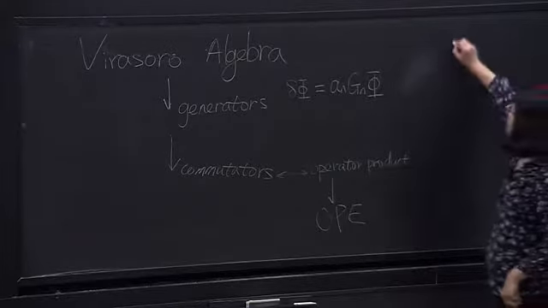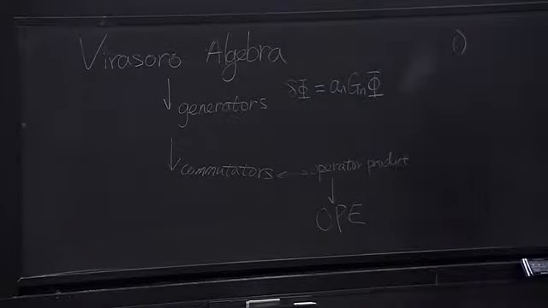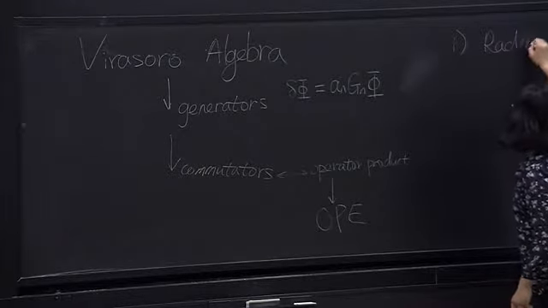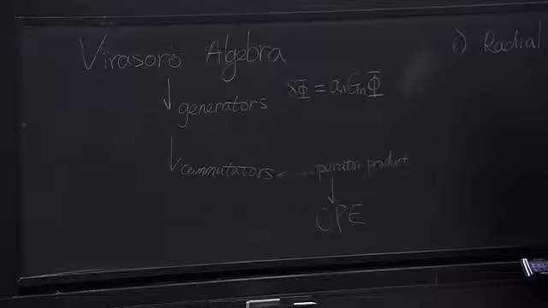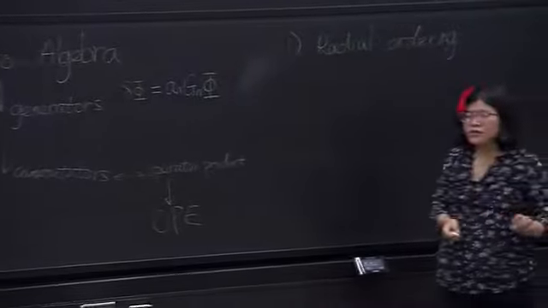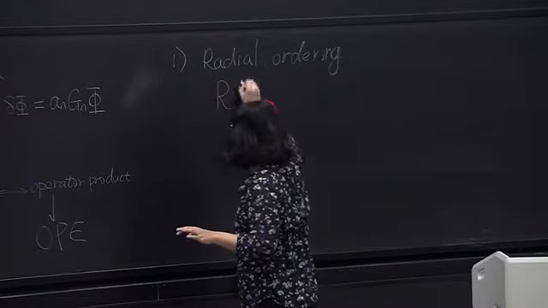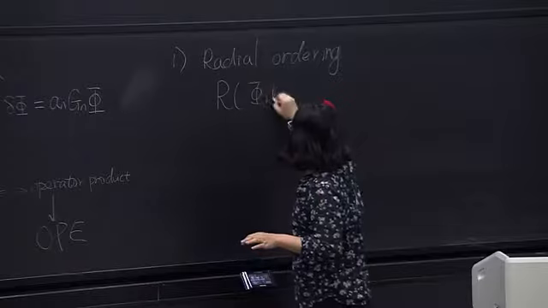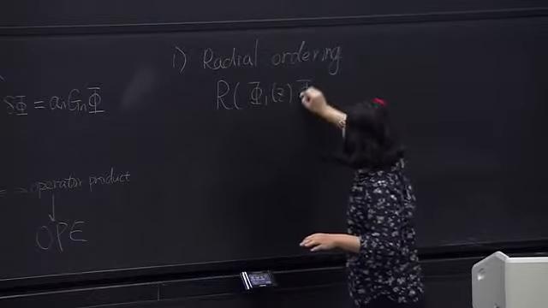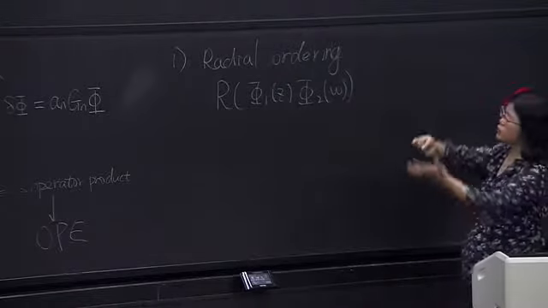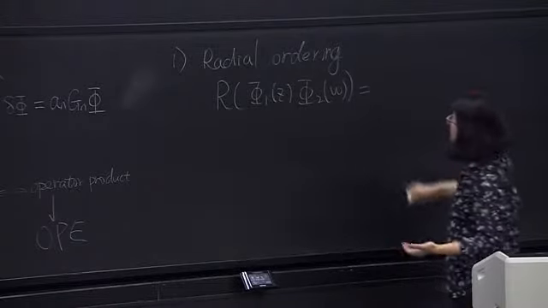So first, let's start with radial ordering. As I said, we should get things ordered before we move on. Okay, so the following definition shouldn't surprise you at all. You must have seen this in QFT. What do I mean by radial ordering two things?